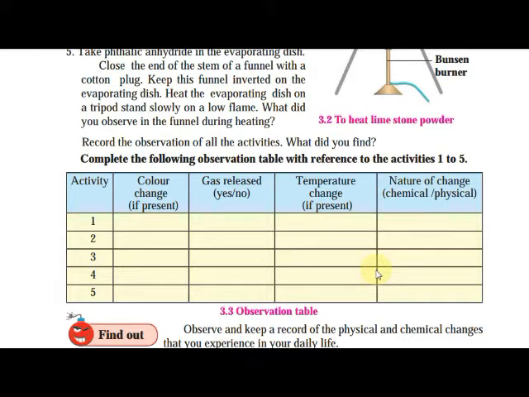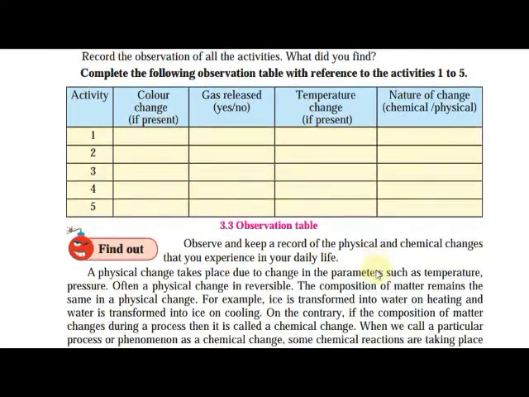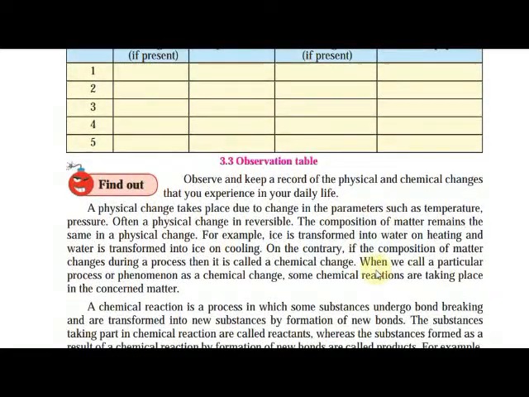Observe and keep a record of physical and chemical changes that you experience in your daily life. A physical change takes place due to change in parameters such as temperature and pressure. Often a physical change is reversible. Reversible means that again we can get the original substances back.